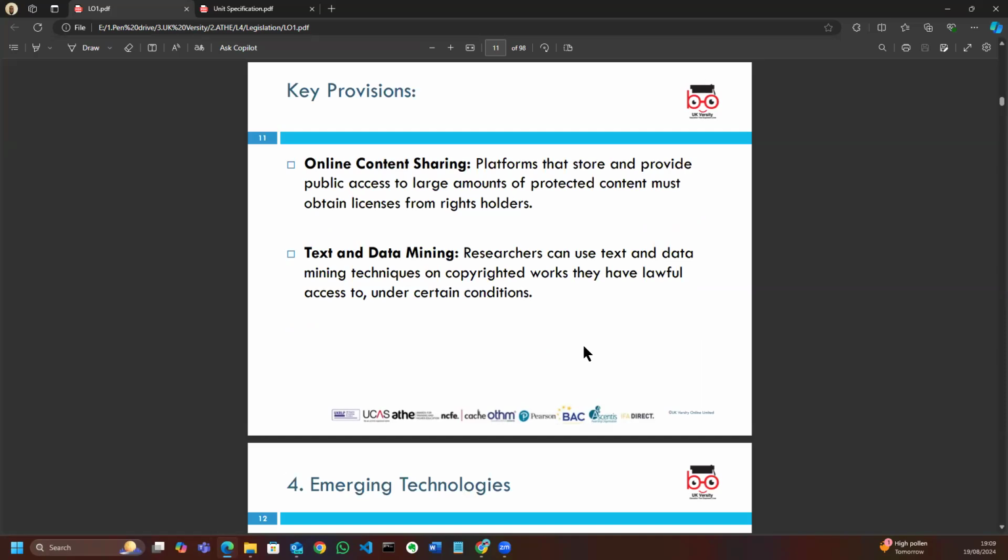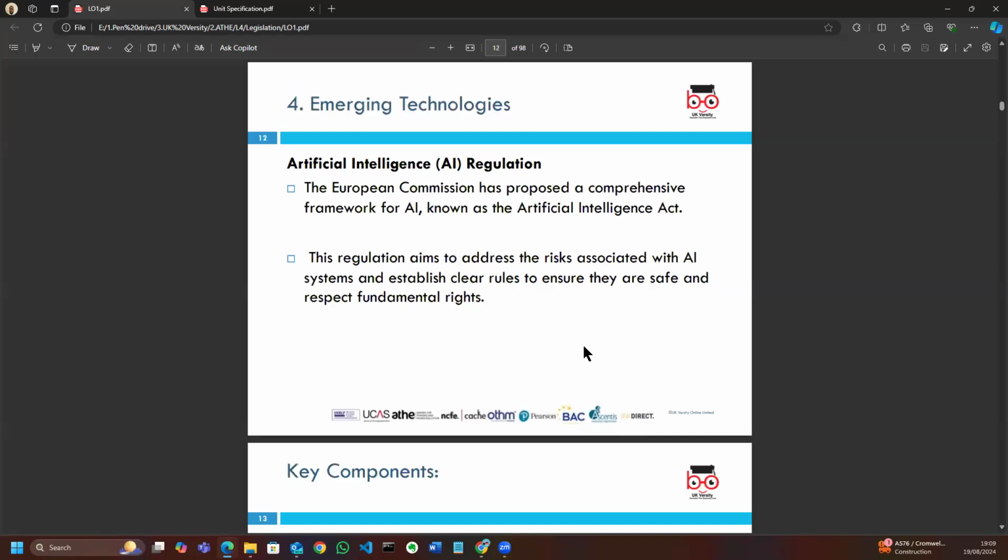The key provisions: when it comes to online content sharing, platforms that store and provide public access to large amounts of protected content must obtain licenses from right holders. Then text and data mining, where researchers can use text and data mining techniques on copyrighted works to which they have lawful access, and also under certain conditions.